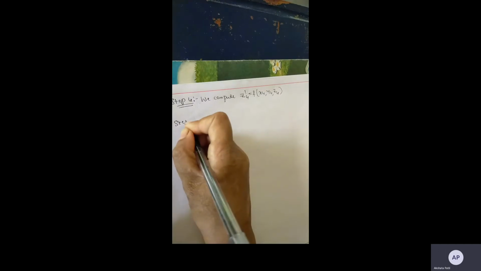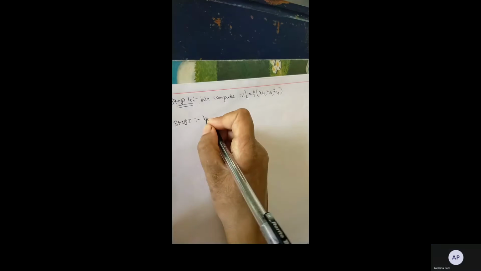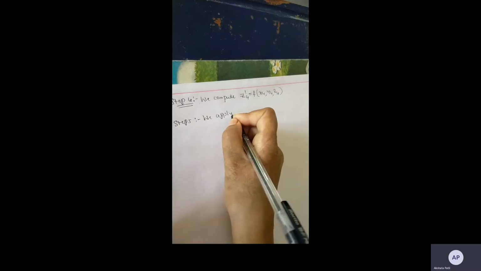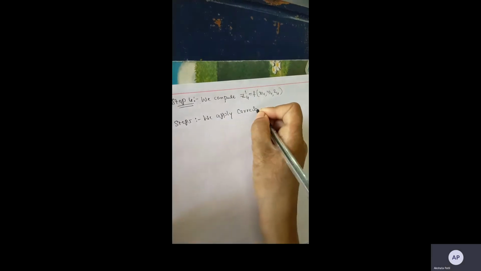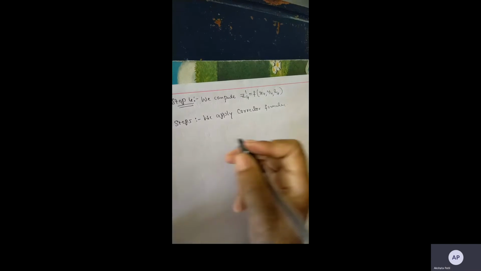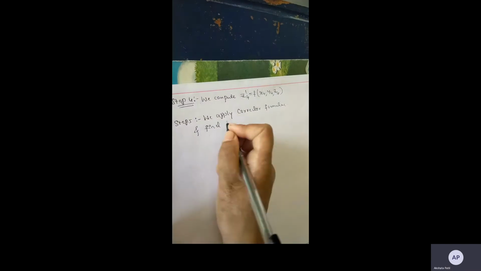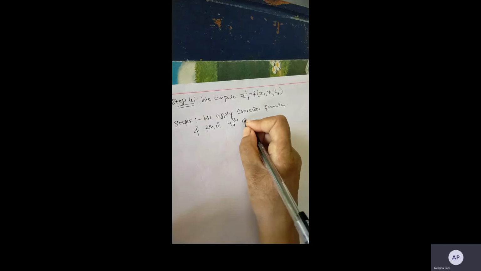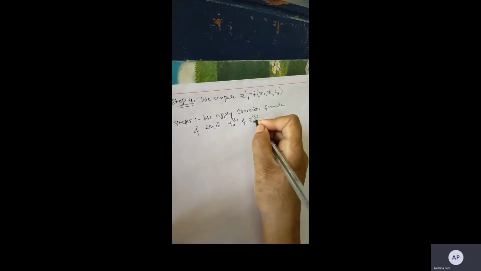We compute z4 dash first and then apply the corrector formula. So in step 5, we apply the corrector formulae and find y4 of c and z4 of c.